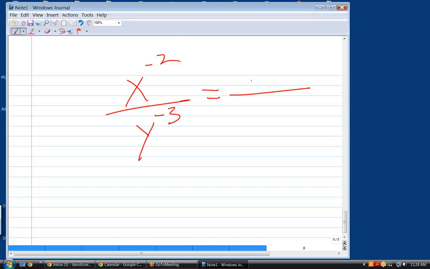Mine's going to go up and then x is going to be this. So all I'm going to do, that's it. It's as simple and straightforward as that. It doesn't matter whether it's in the numerator or the denominator. If it has a negative exponent, move it to the other side of the fraction bar and change the exponent to positive. Okay?